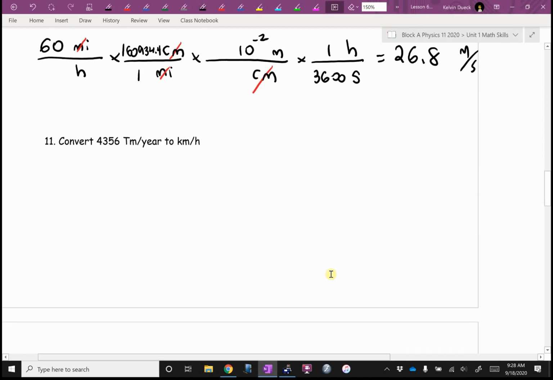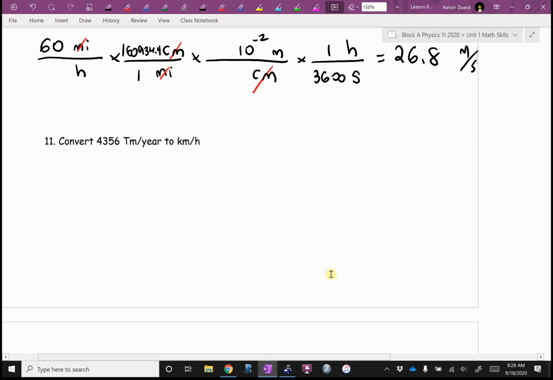Couple more and we're done. Number 11. Yeah, there's another page, but back to here. It's called detention span. Convert 4,356 terameters per year to kilometers per hour. No problem.